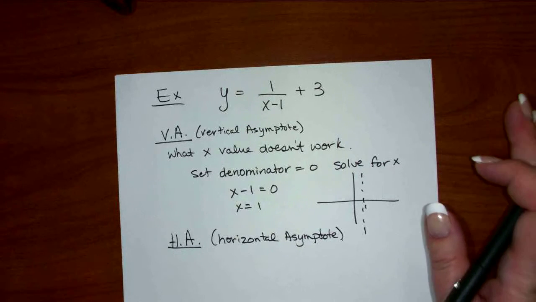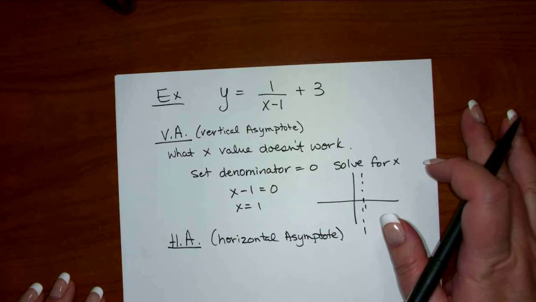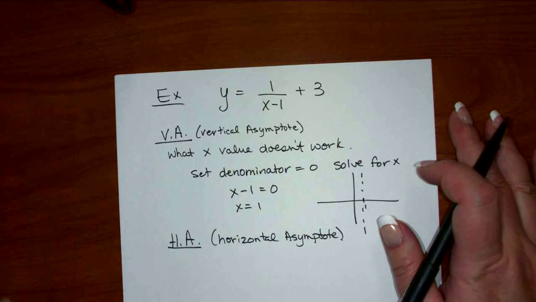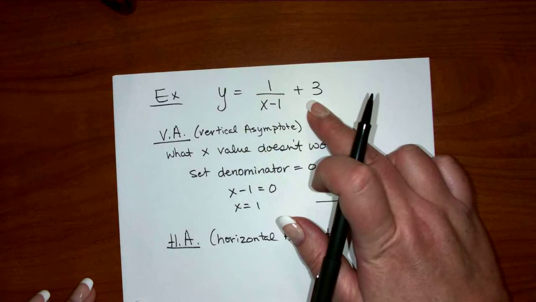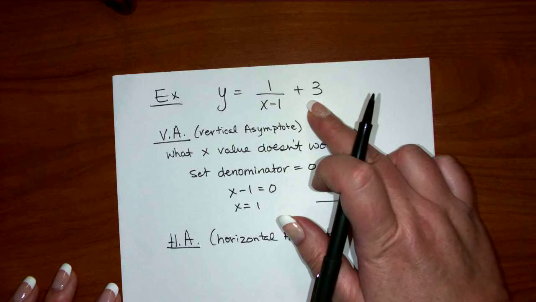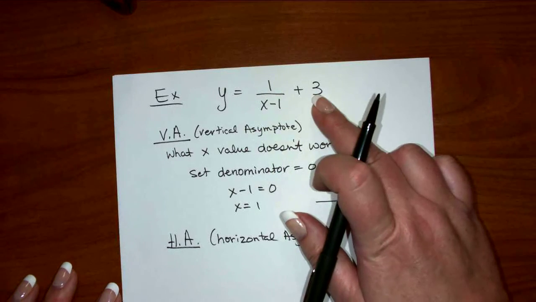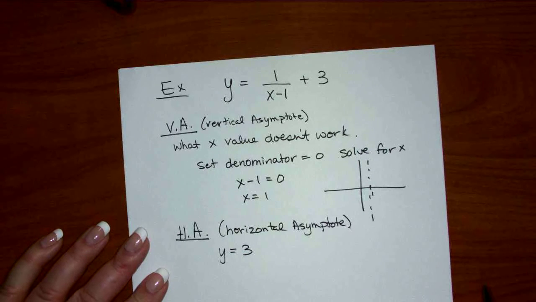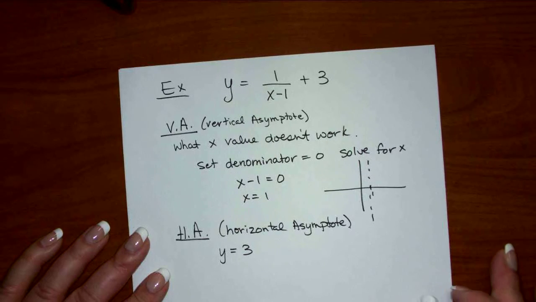Instead of knowing anything, what do you think? Kind of like doing our center. This is the y value. 3. That's it, 3. It's right there. What could we say? It's whatever is added or subtracted at the end, right?